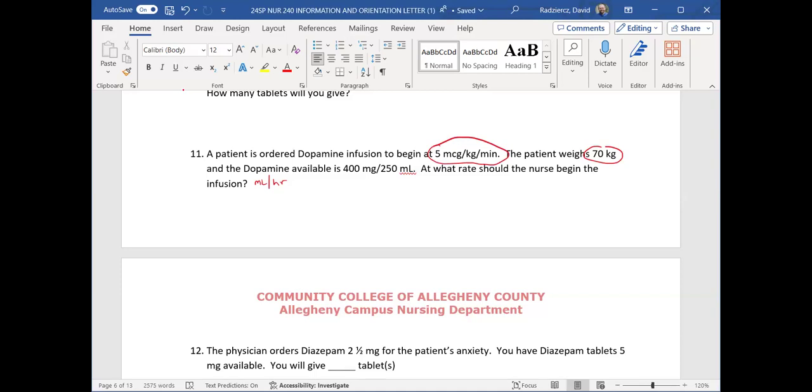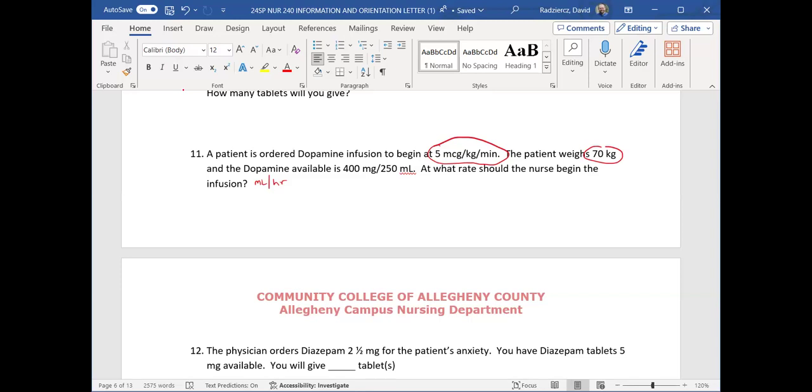Someone asked, wouldn't it be milliliters per minute? Correct, it wouldn't, because that's not an infusion rate, at least not one you would use as a nurse. It's always going to be milliliters per hour or drops per minute. It's never going to be milliliters per minute. So you need to know milliliters per hour.